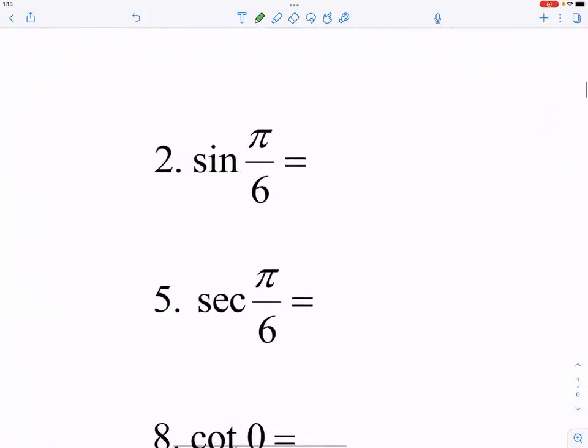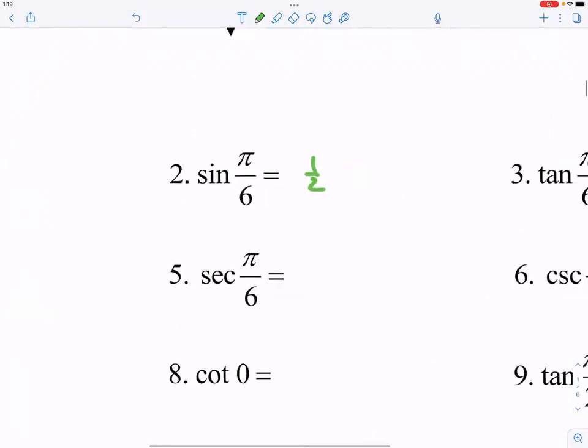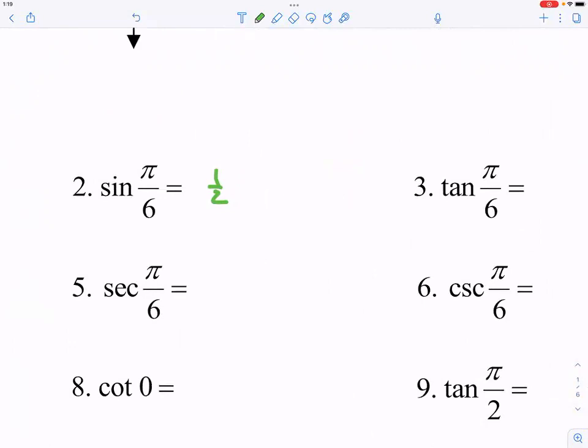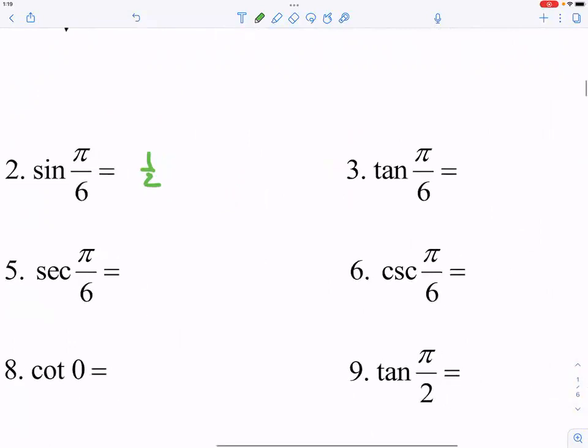And then we say, hey, what about the y value? 1/2. Okay. And we say, hey, what about the y value over the x value? We say, oh, it's 1 over root 3. And you have to rationalize it, so it becomes root 3 over 3. Okay.